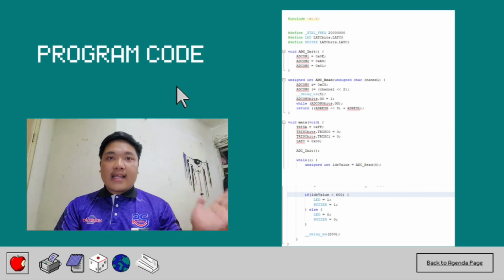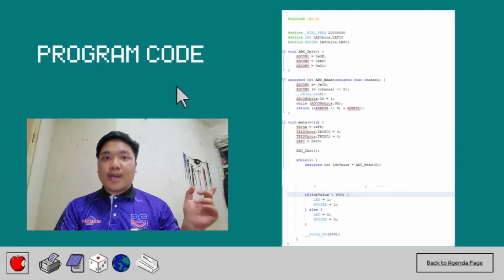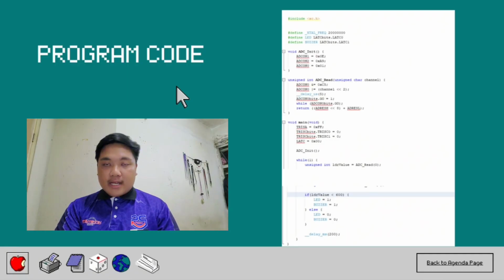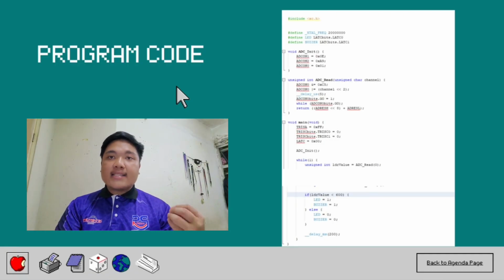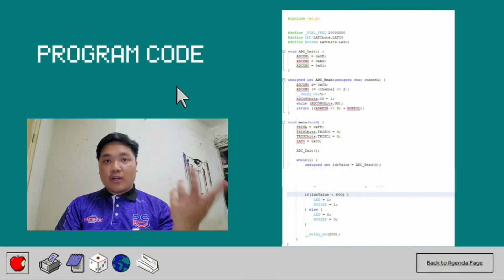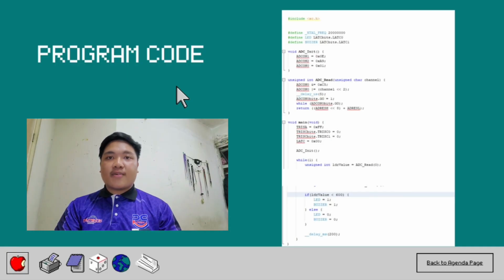Next is the ADC initialization, which we have as void ADC_init, from ADCON1 until ADCON0. It configures analog pins and sets the ADC operation mode, and RA0/AN0 is enabled as analog input. The result is right justified, with acquisition time and conversion clock set.